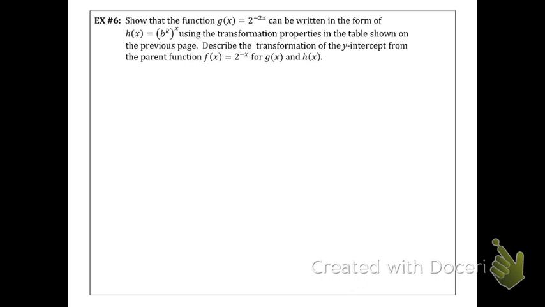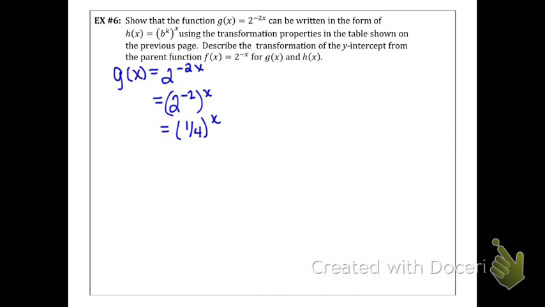All right, so we start out with g of x is equal to 2 raised to the negative 2x, which is the same thing as saying 2 to the negative 2 to the x, because when they're side by side, those exponents are multiplied, and we know that 2 to the negative 2 is 1/4 to the x.